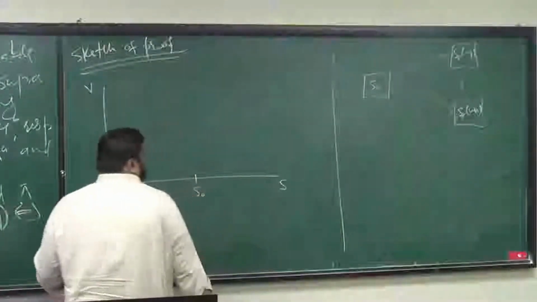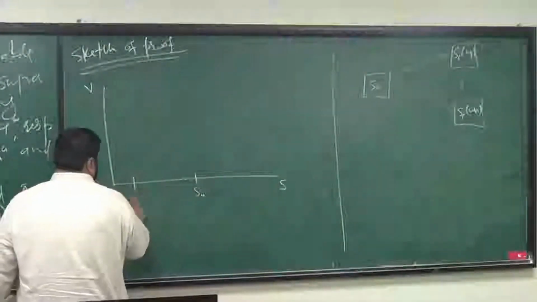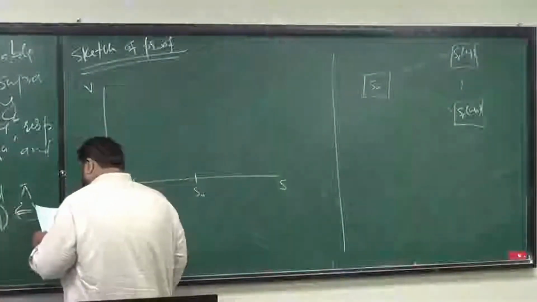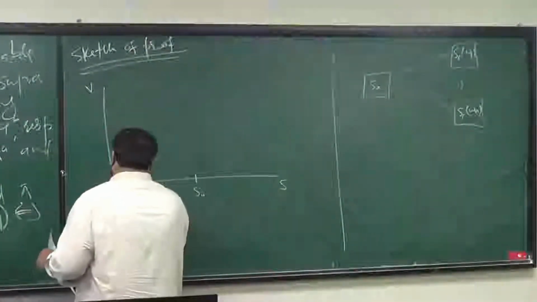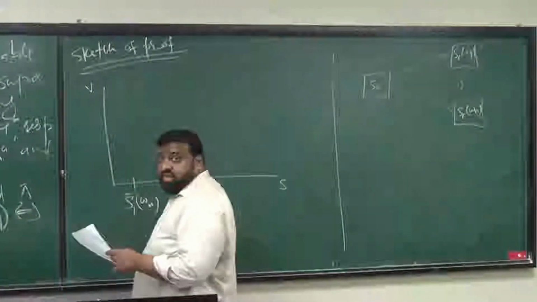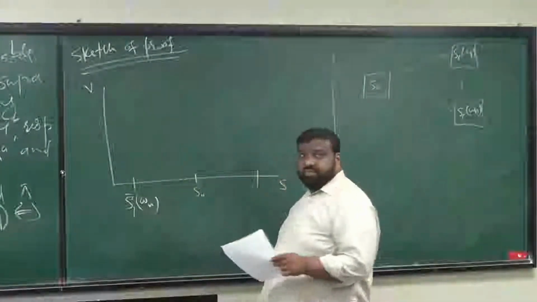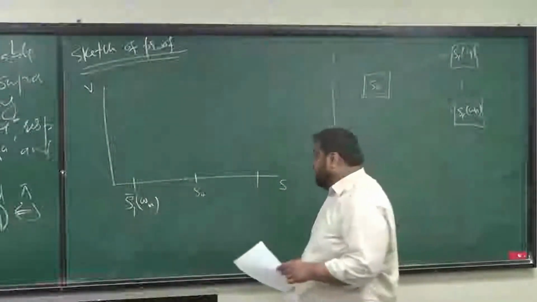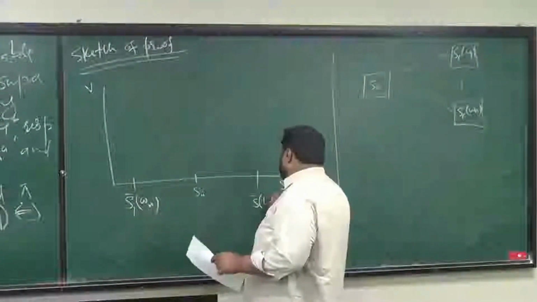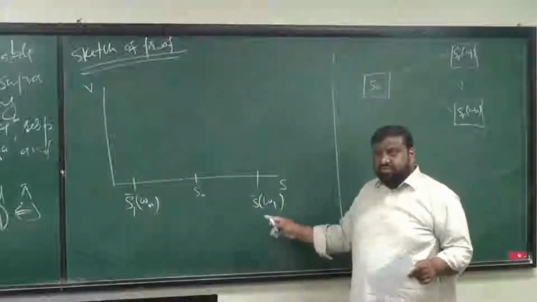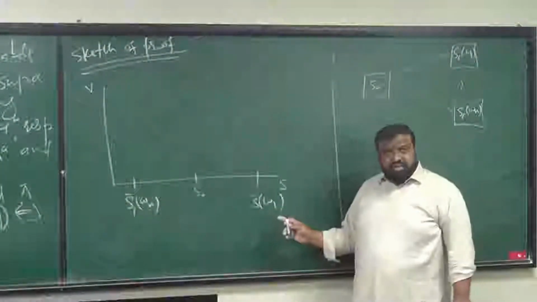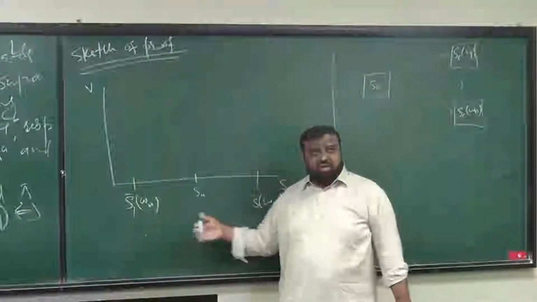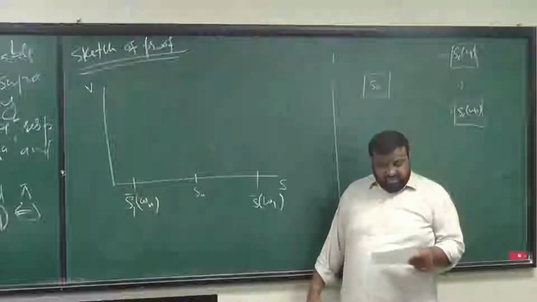So there should be S1 bar of omega n, which should be somewhere here, and there should be S1 bar of omega 1, it should be here. Why should these two be there? Because this is smaller and this is bigger.